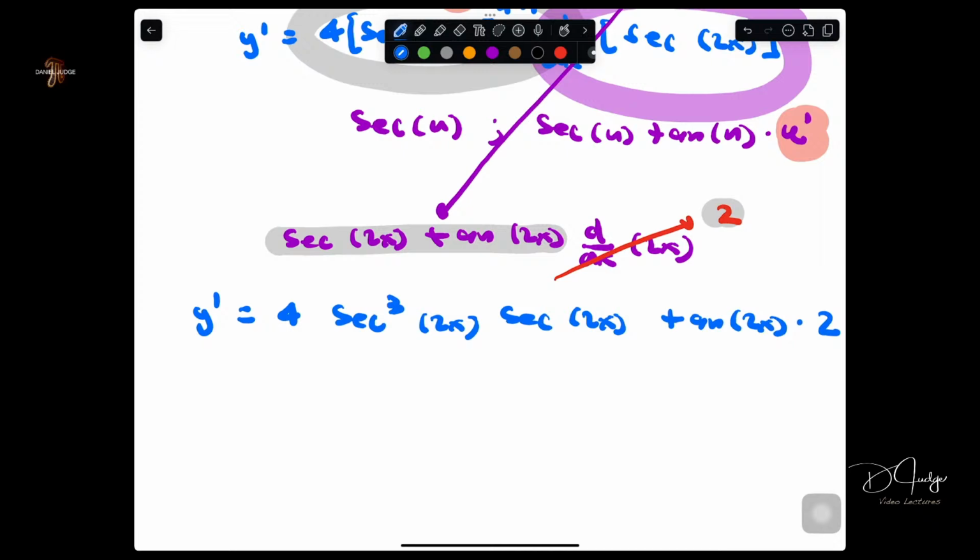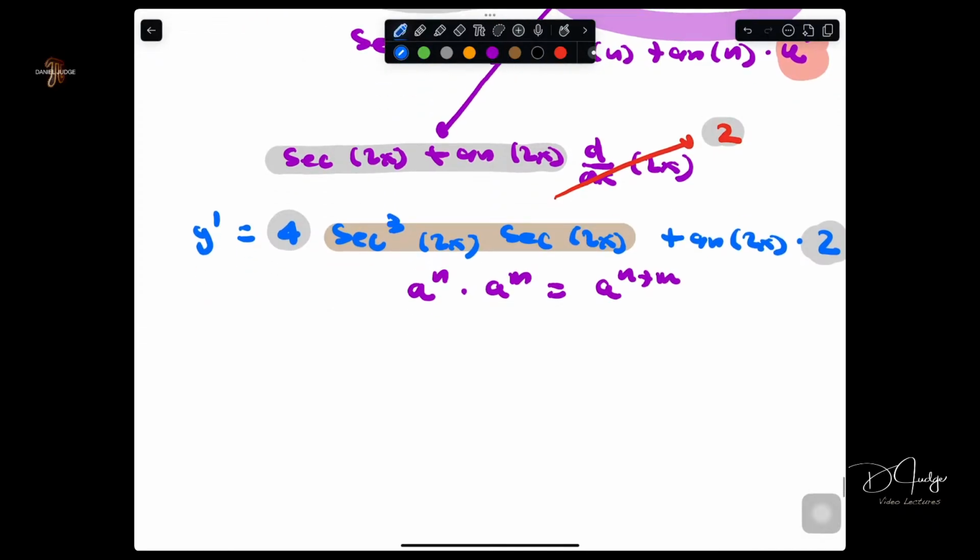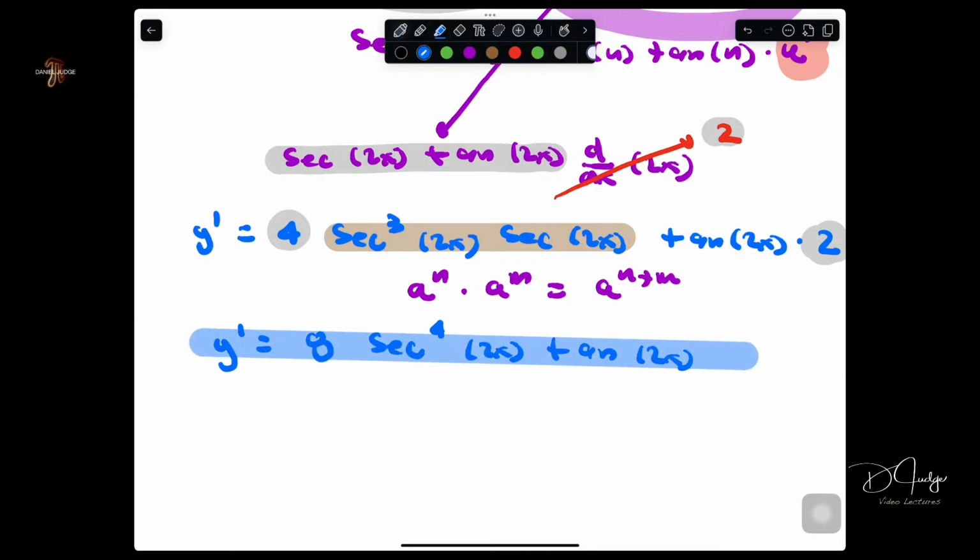We're going to simplify a bit. We're going to multiply this constant 2 and 4 together, and then we're going to use properties of exponents. Remember, a to the n times a to the m is a to the n plus m. But 4 times 2 is 8. We get 8 secant to the fourth power of 2x tangent of 2x. There we go.